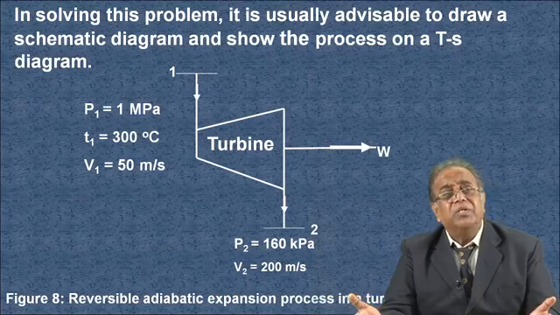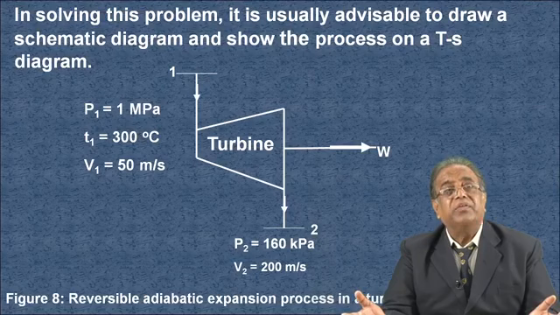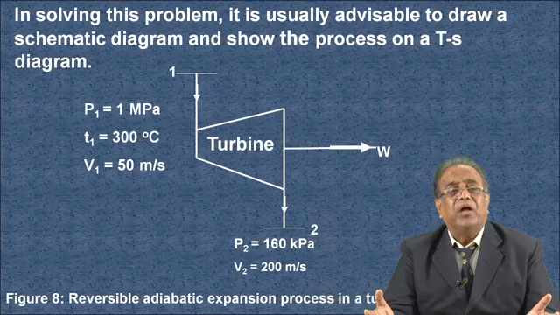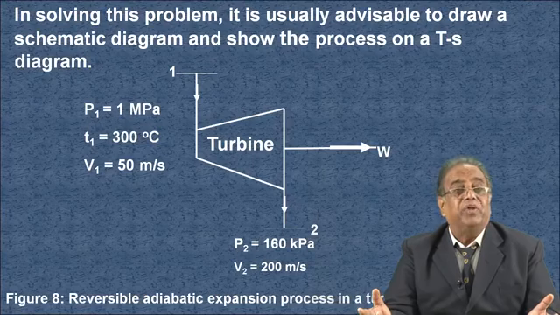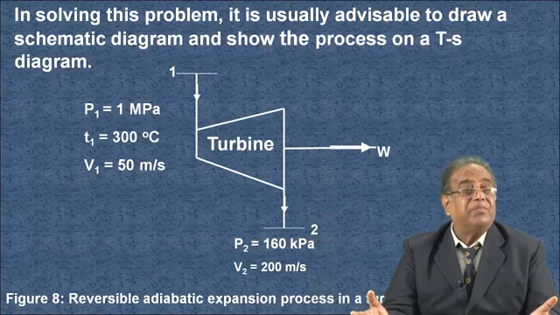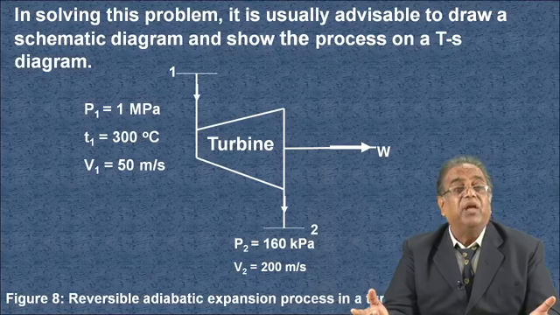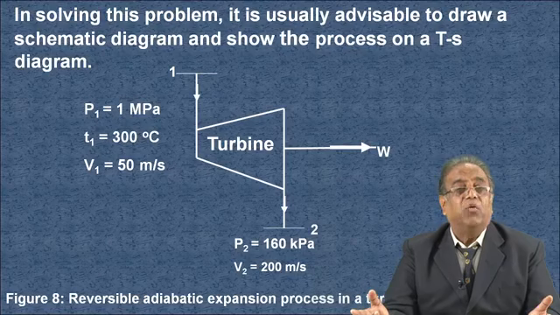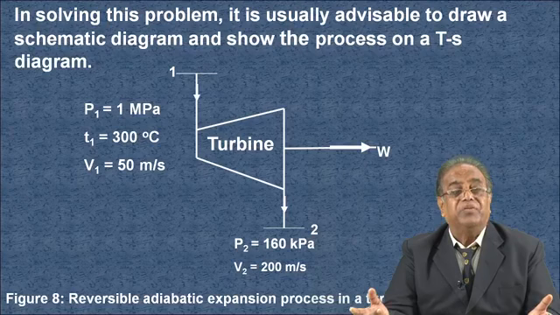So in solving this problem, it is usually advisable to draw a schematic and show the process on a TS diagram. Here the pressure at the inlet of the turbine for the steam, P1, is 1 megapascal, T1 is 300 degrees centigrade, V1 is 50 meter per second, and at the outlet of the turbine the pressure is 160 kilopascal and velocity is 200 meter per second.